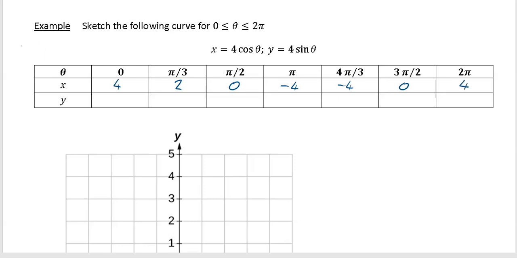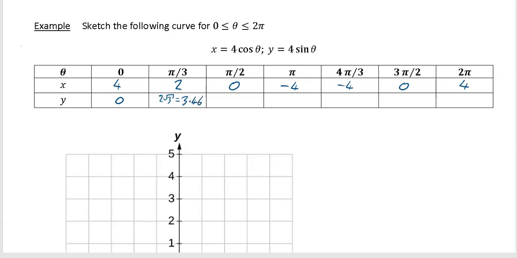Now the same for the y's. 4 times sine of 0 is going to be 0. 4 times sine of pi over 3 is going to be 2 root 3, and that's not a nice number obviously, so we're going to write that as a decimal. I think we're going to check that. 2 times root 3 is equal to 3.46, I should say, 3.46.